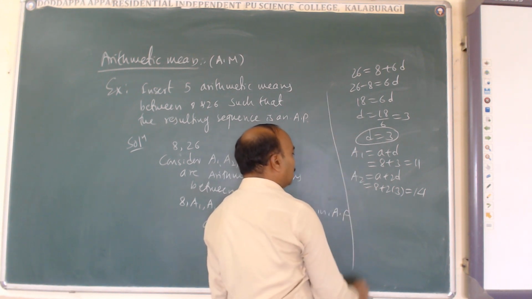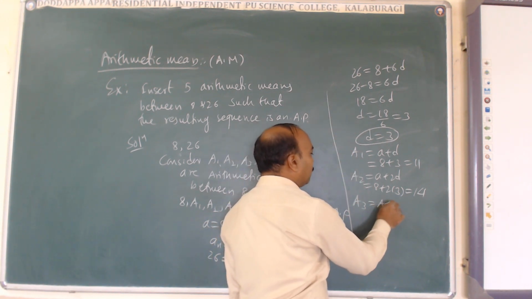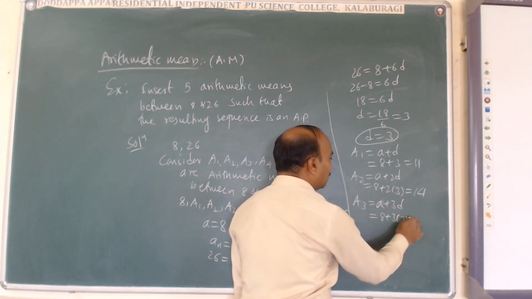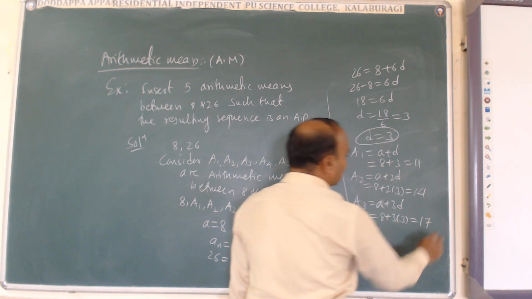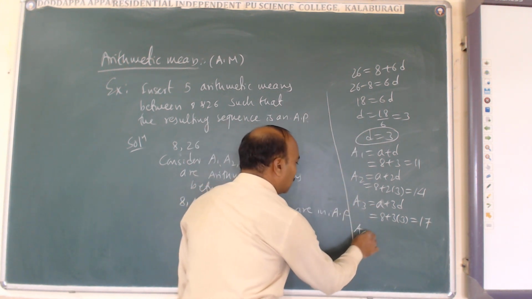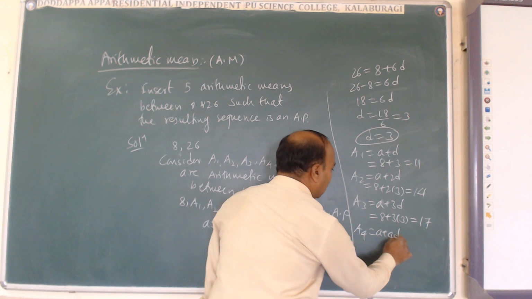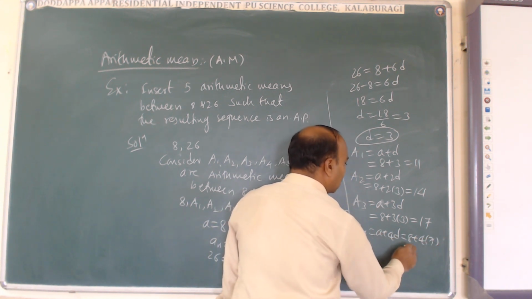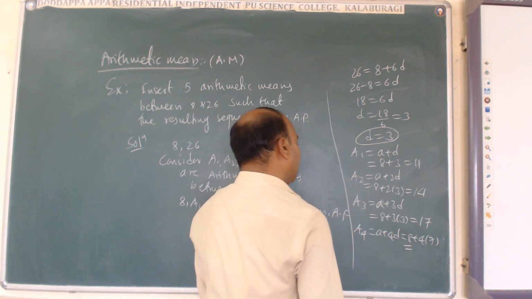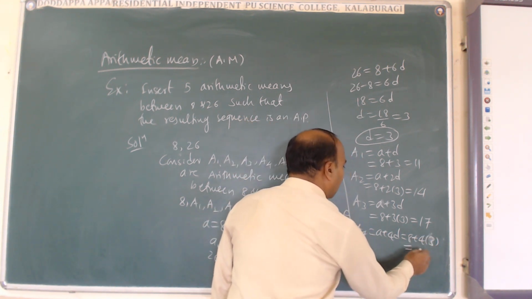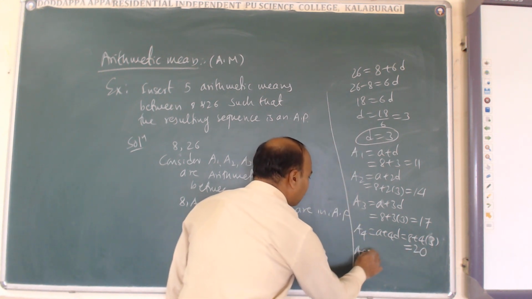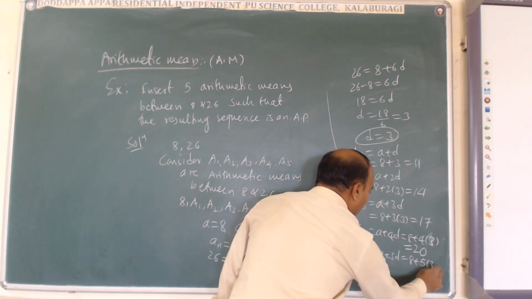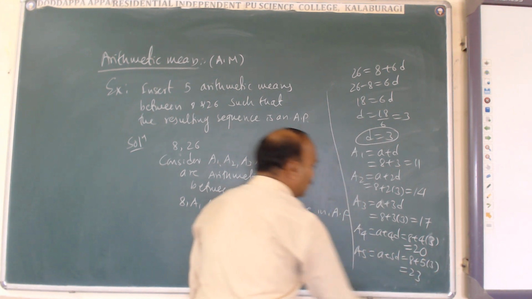Next, a3 you take. a3 equal to a plus 3d. It is 8 plus 3 into 3. It is 9 plus 8 is 17. a4, it is a plus 4d. It is 8 plus 4, d value. 12 plus 8 is 20. a5, a plus 5d. 8 plus 5 into 3. 15 plus 8 is 23.